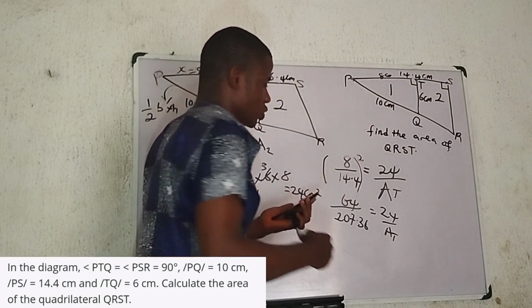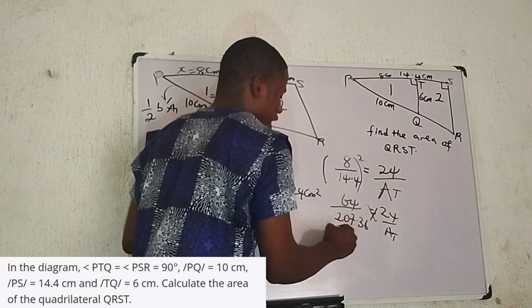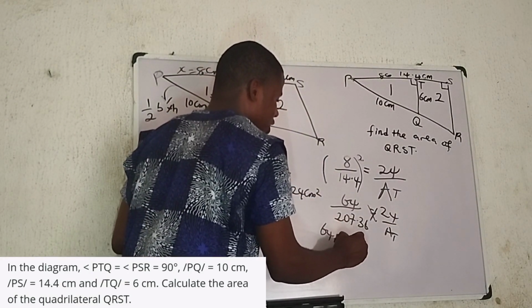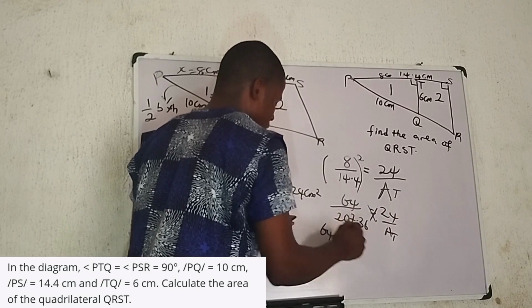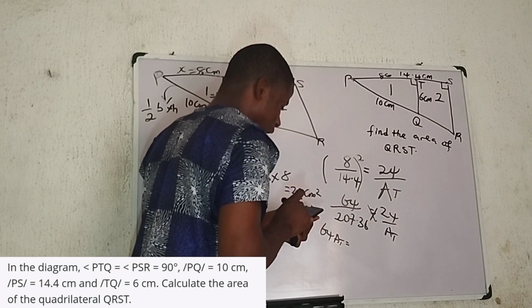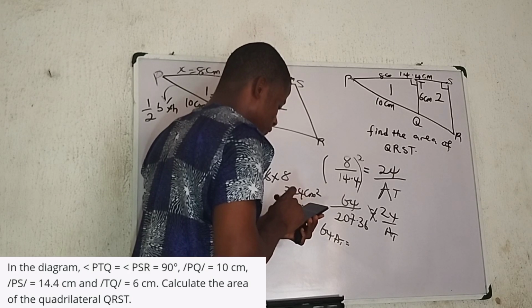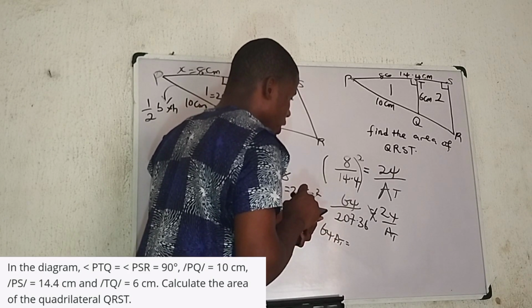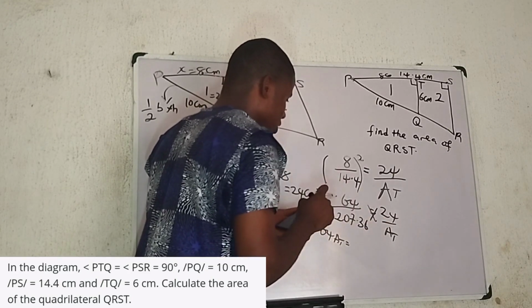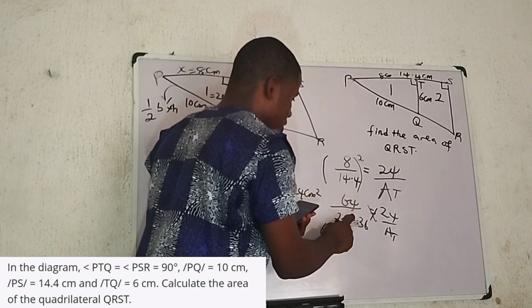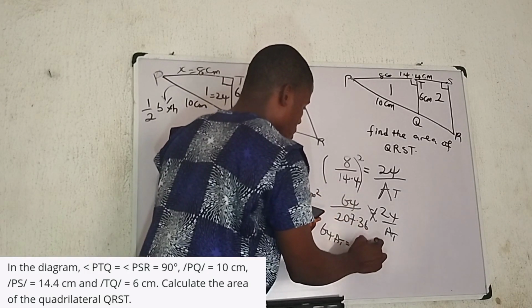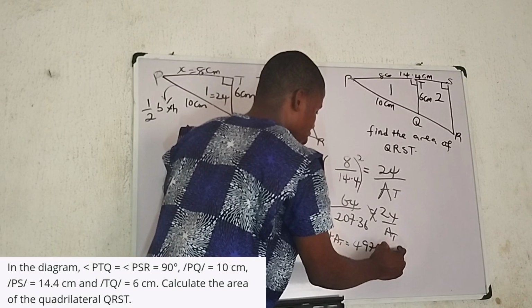So what I'm going to do is cross multiply. When I cross multiply, I have 64 AT equals 24 times 207.36. Multiplying gave me 4976.64, right?